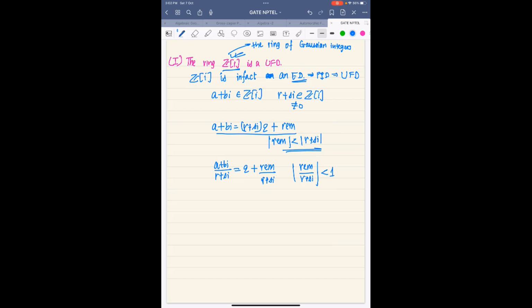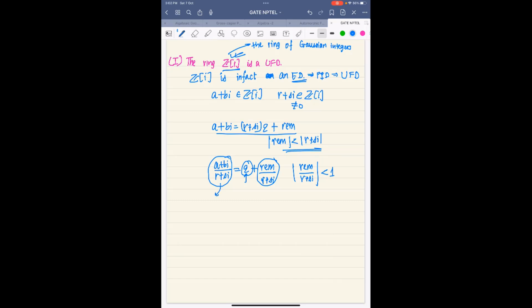So we want to write this as Q, a Gaussian integer, plus something whose absolute value is strictly less than 1. Can we get it? The answer is yes.